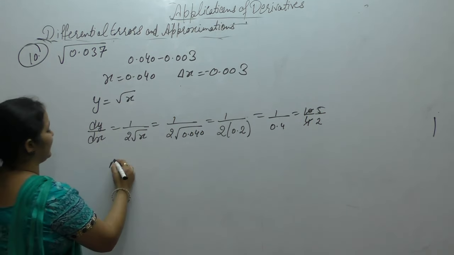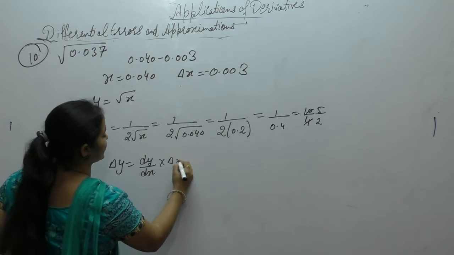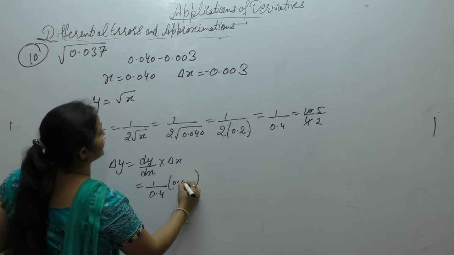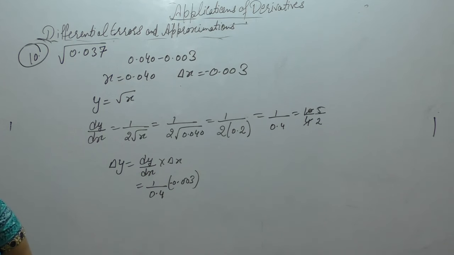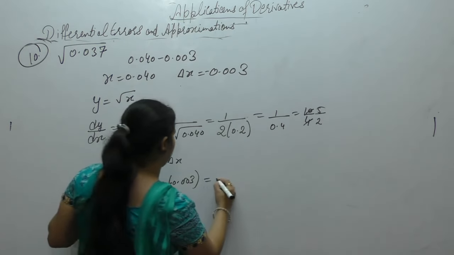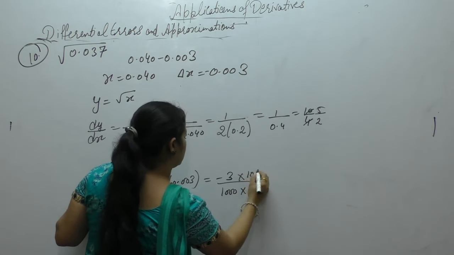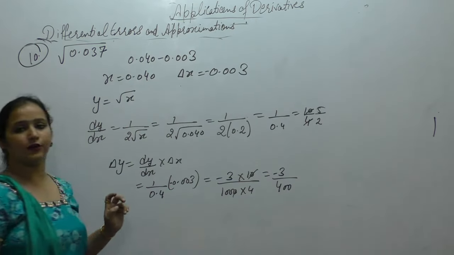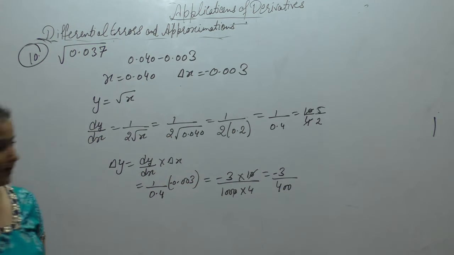Now delta y is dy upon dx into delta x, which is minus 3 upon 400.